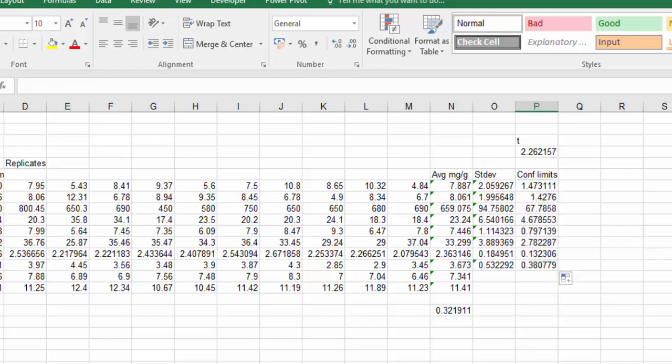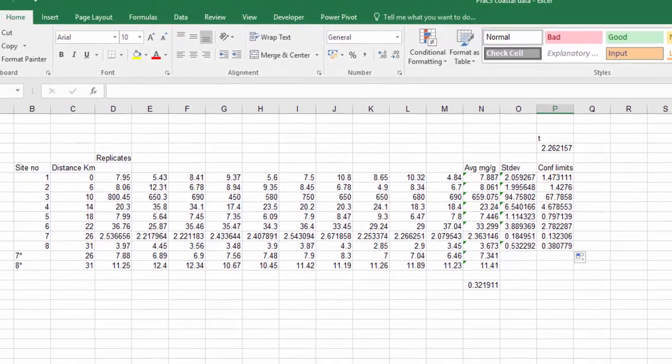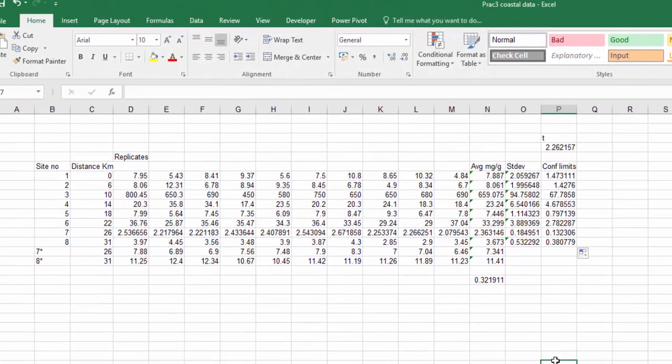Now we need to use this data to achieve our objectives. So our first objective was to determine what the metal distribution was with distance around the coast of Anglesey, and the best way to show that would be to draw a graph with distance on the x-axis and concentration on the y-axis.